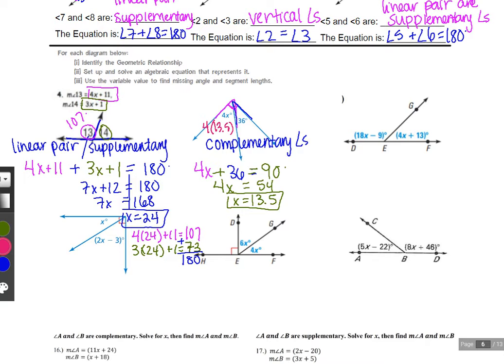And then this angle, we don't have to do any math, it tells us it's 36 degrees. So now that I know the measure of both angles, I can add them together. It should make sense that they equal 90 degrees. So if you add 36 plus 54, do you get 90 degrees? Answer would be yes, so we know that we've done our algebra correctly.